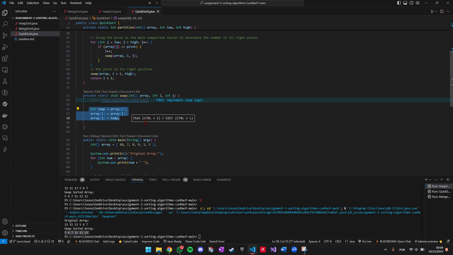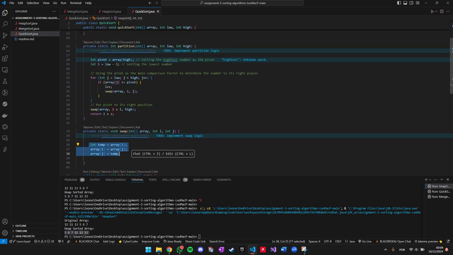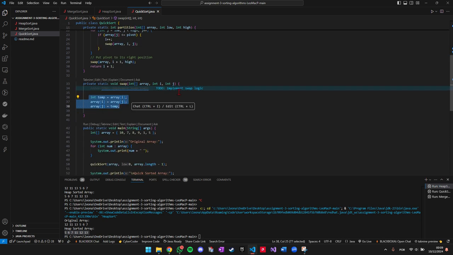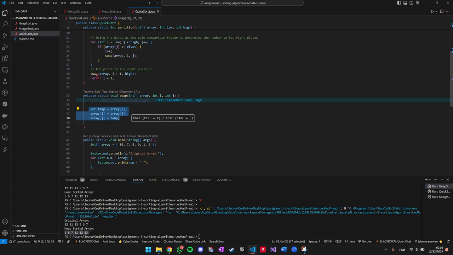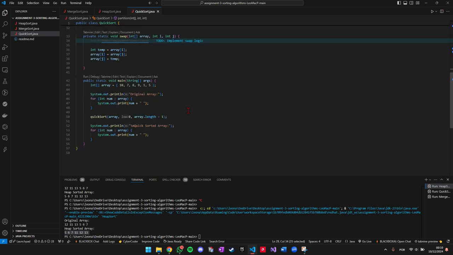This swap method stays the same because it's just a matter of repositioning and ordering back. But here I picked the pivot number as a separate thing to serve as a comparison only. So okay, and then put it back as I wrote it down there.